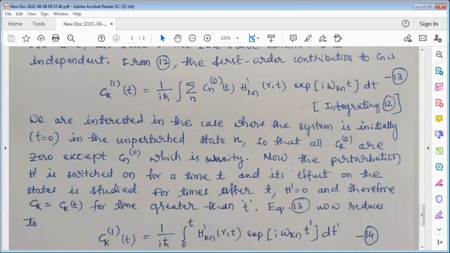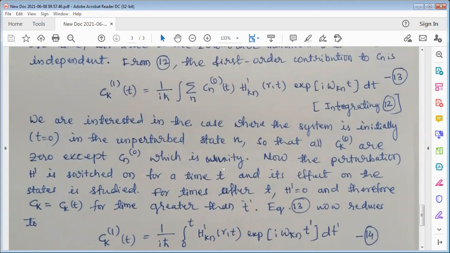And next, we are interested in the case where the system is initially, that is at t equal to 0, in the unperturbed state n, so that all ck's are 0 except cn raised to 0, which is unity.